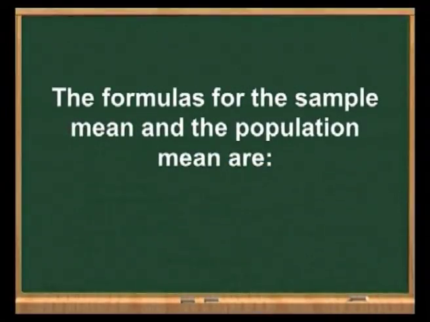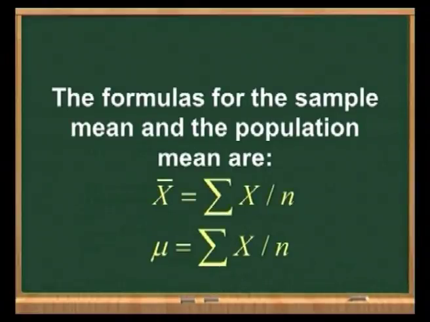The formulas for the sample mean and population mean are: x bar, that is the mean for samples, is sigma x by small n. Mu is equal to sigma x by capital N, the number of cases. Operationally, the two formulas are identical.